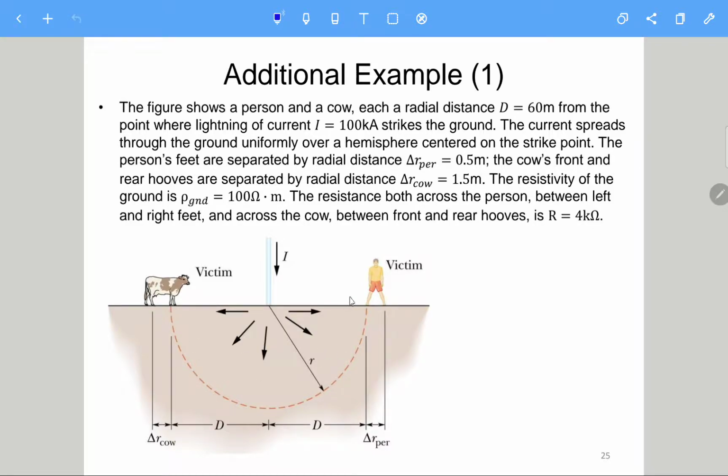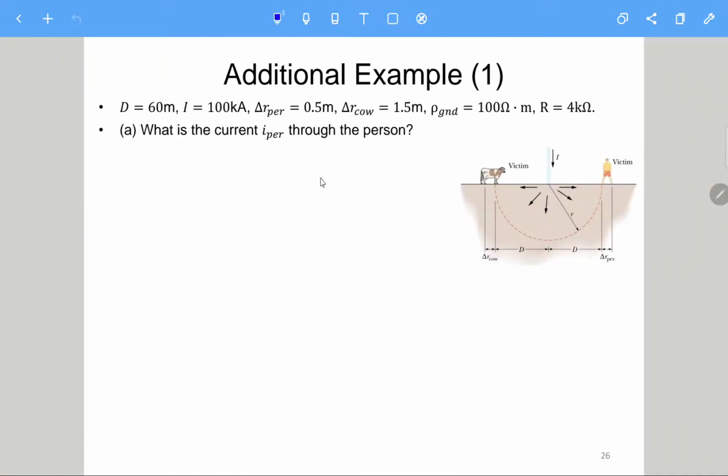And then it says that the distance between the front foot and the rear foot of the cow is 1.5 meters, and for the man the distance between the feet is 0.5 meter. It asks you what is the current going through the person and what is the current going through the cow.